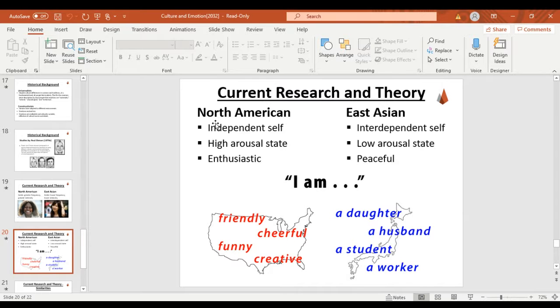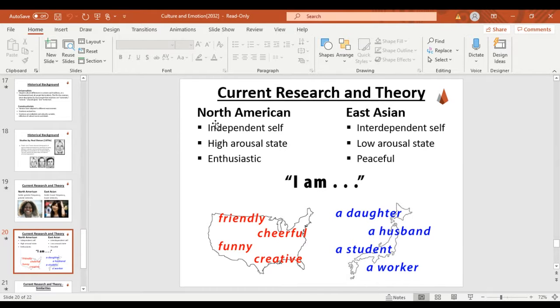East Asian is more interdependent. Having a high arousal is not seen as appropriate in most East Asian countries. So they try to control their emotions and keep it more peaceful.